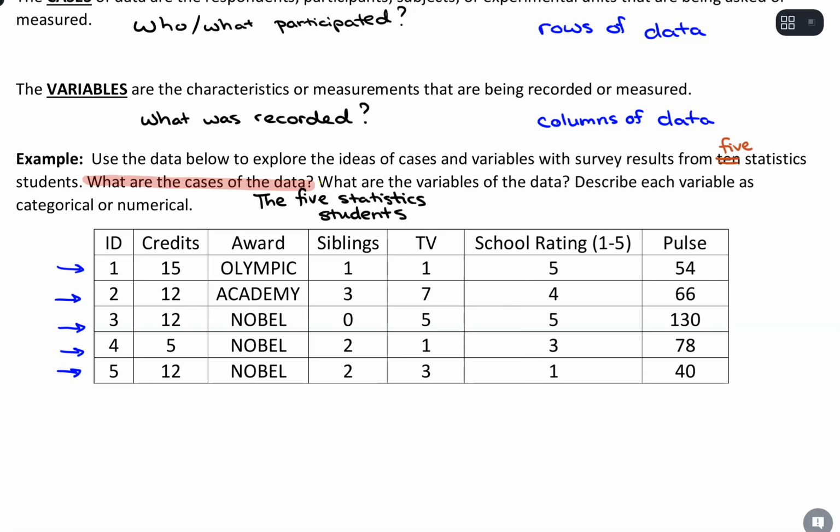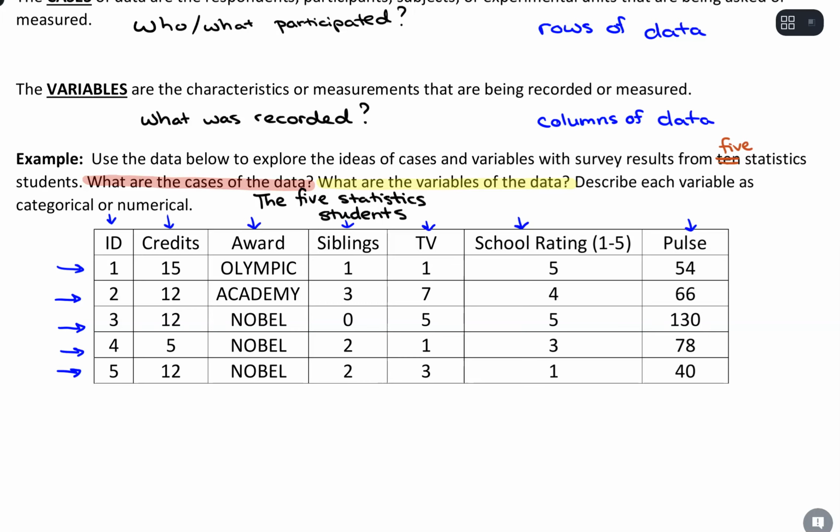If I then go to answer what are the variables of the data, then what I would look at are the columns. So if I look at the columns, I have ID, credits, award, siblings, TV, school rating, and pulse. Each of those titles I can take as a variable of the data. Now, ID is kind of a toss-up. Different resources describe it differently. It's not really a variable because it's not a characteristic of the person.